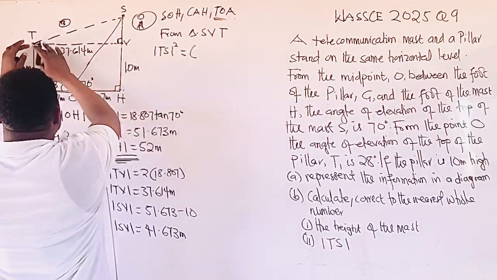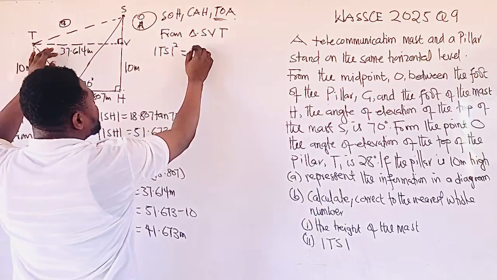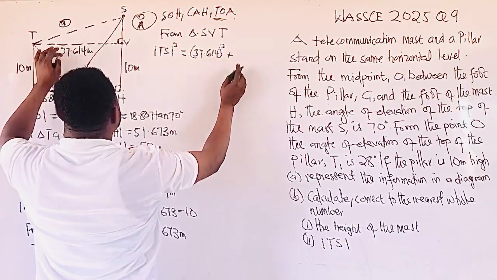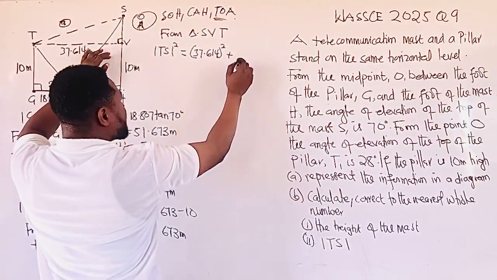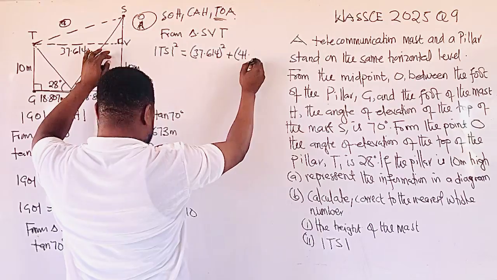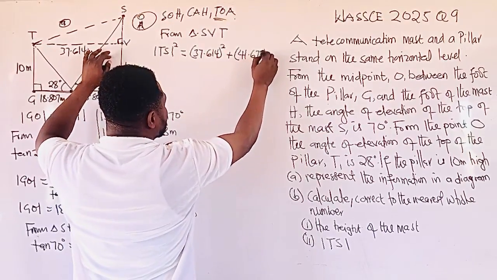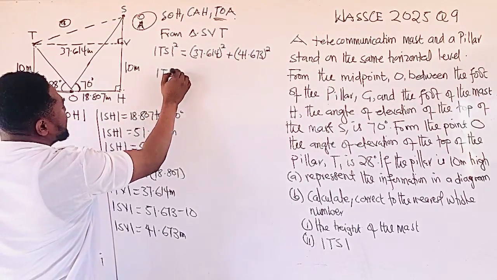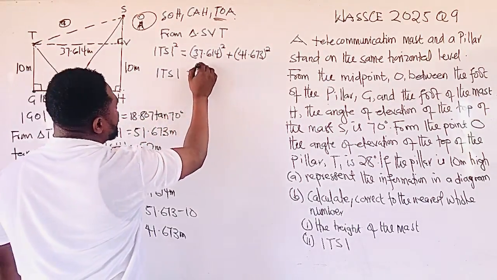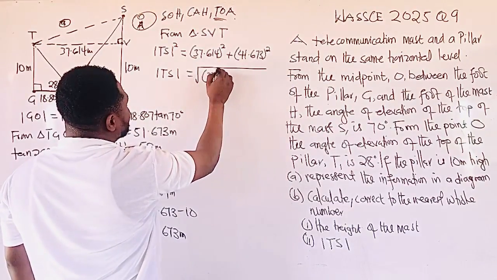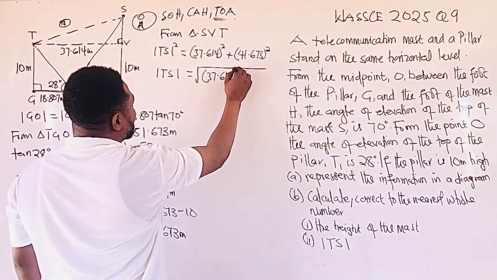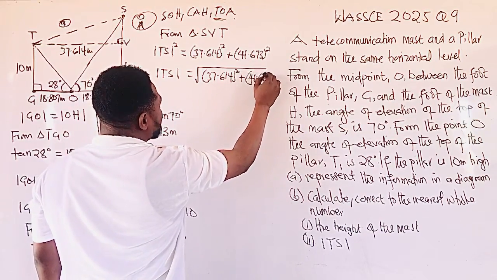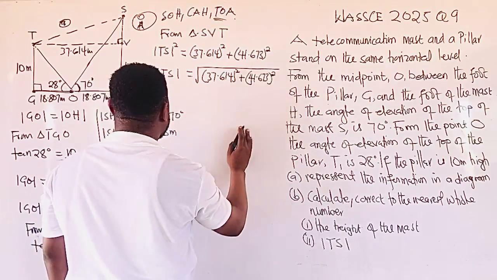So here we can take TV, which is 37.614 all squared, plus SV, which is 41.673 squared. All right, making TS the subject, our TX will be equal to the square root of 37.614 all squared plus 41.673 all squared.